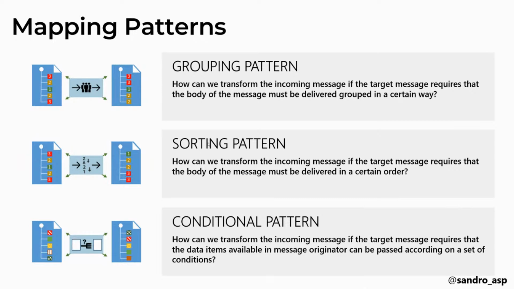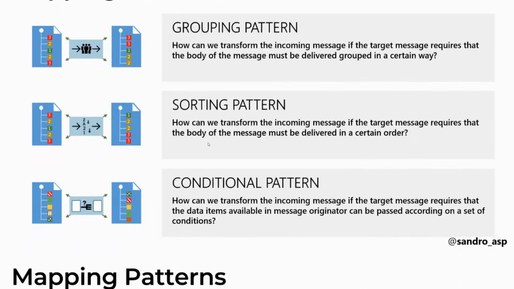We see that a lot. Of course, in a real mapping requirement, we see multiple patterns appear inside the transformation. That's dividing all of these small needs and turning them into patterns.